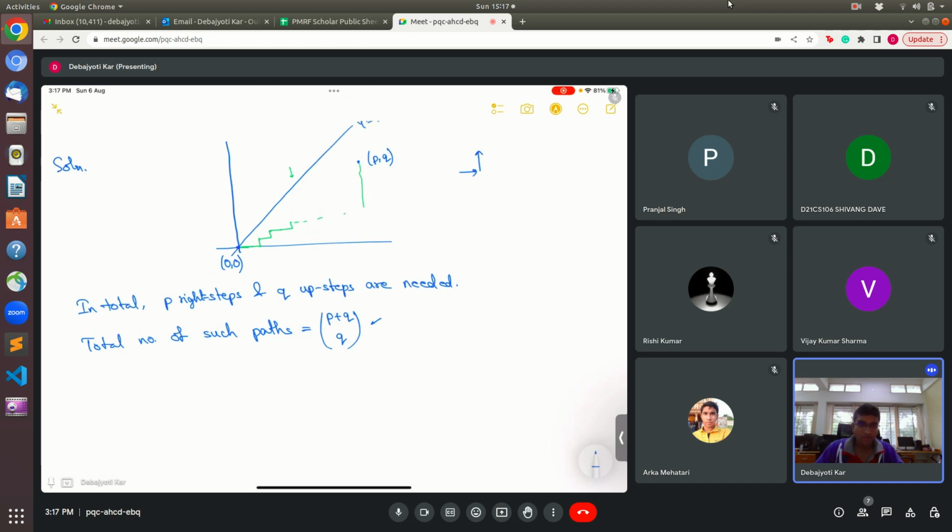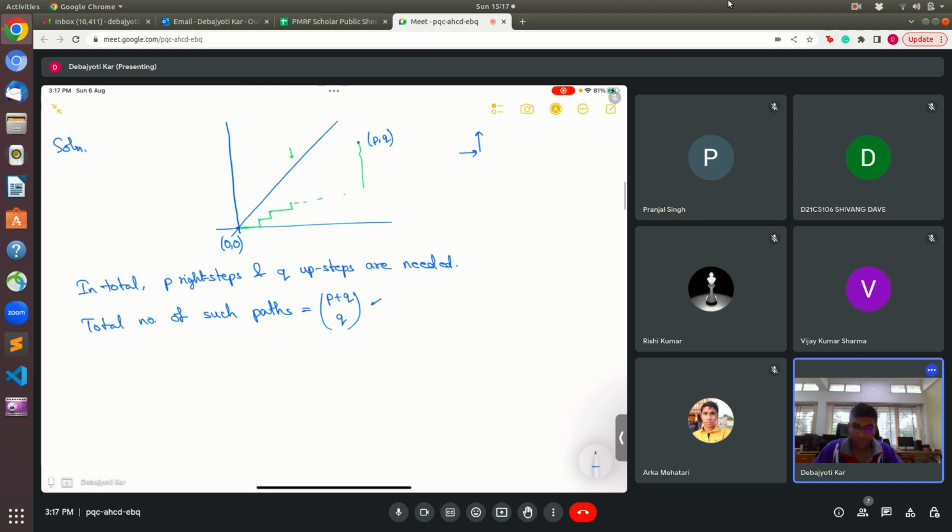Okay, but this is the total number of paths. Now from this you have to exclude the paths which cross the line y equal to x. So somehow you have to count how many such northeast lattice paths cross the line y equal to x. In order to do this, we are going to count it in a different way.